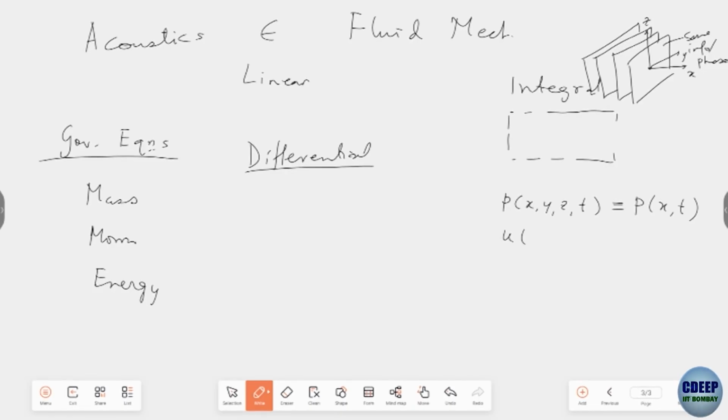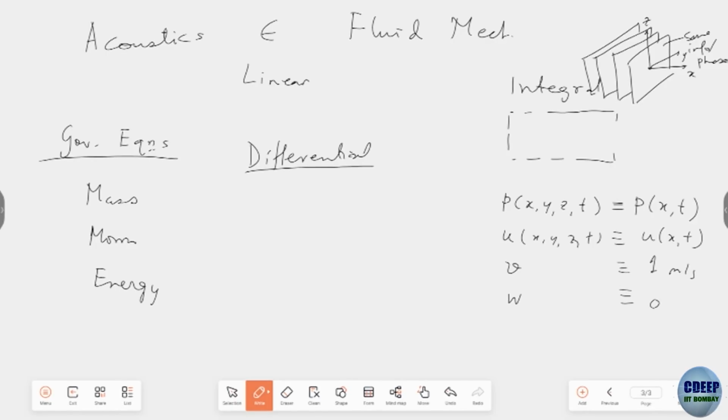So similarly, your u of x, y, z and time will also be just u of x and time, and v will be identically equal to 0, w will be identically equal to 0. Now you can argue that what if we assume that v is actually, say, 1 meter per second.